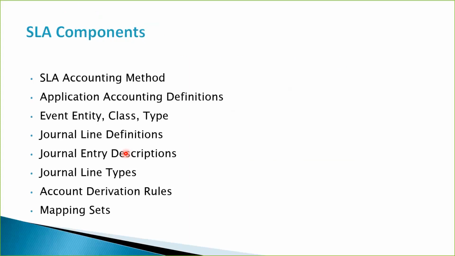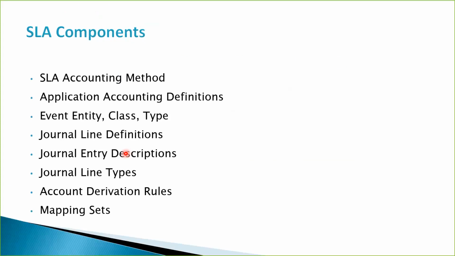Just as a reminder, these are some of the components that we have talked about in SLA. Like I said, by looking at this screen, you should be able to tell what each feature is, where it falls, and what it does in terms of creating accounting, because the purpose of the SLA module is that it creates accounting for all the subledger modules.